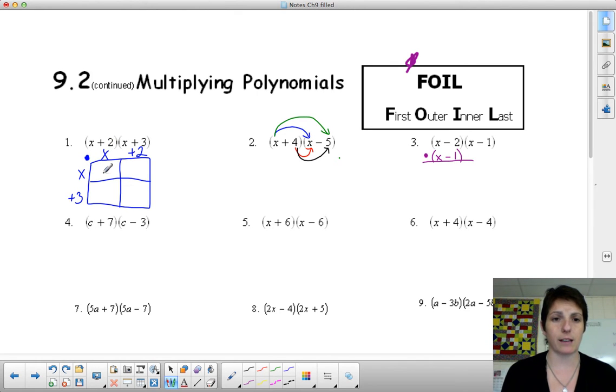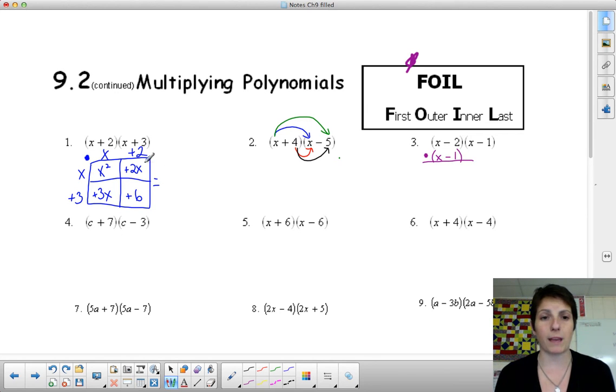You take the outsides of each box to multiply. So x times x to get x squared. X times 2 to get positive 2x. X times 3 to get positive 3x. And 3 times 2 to get positive 6. To get to our answer, all we have to do is combine like terms.